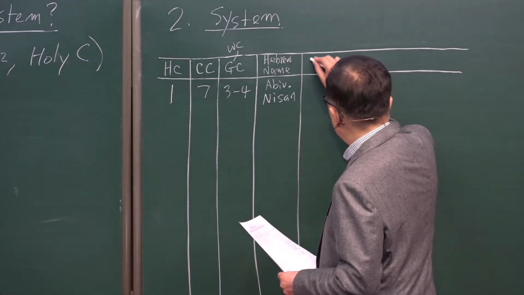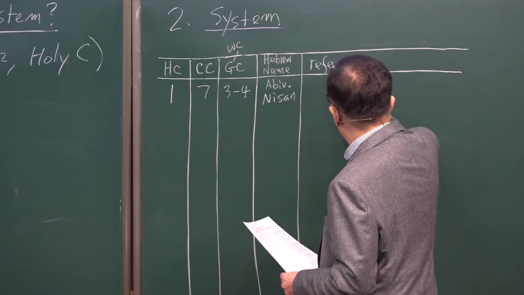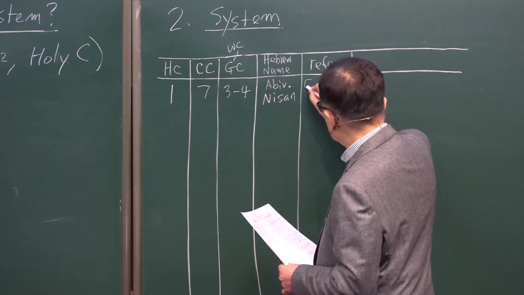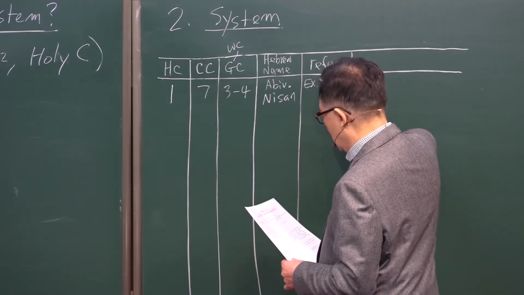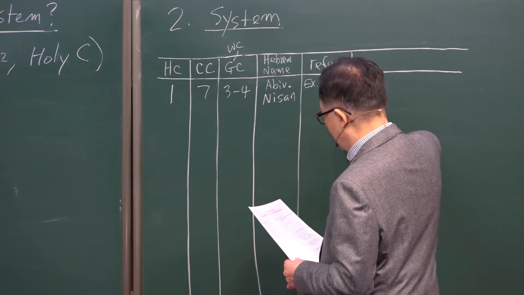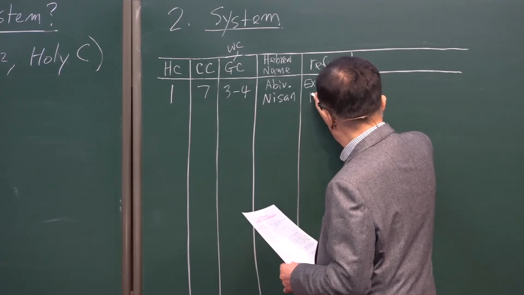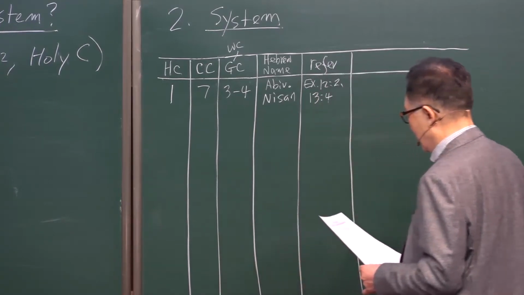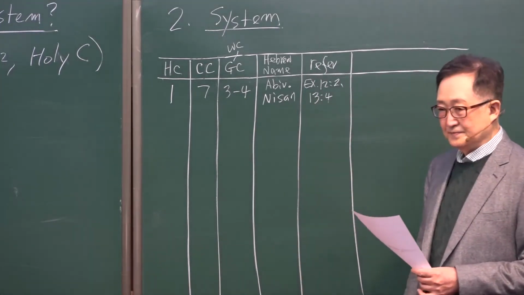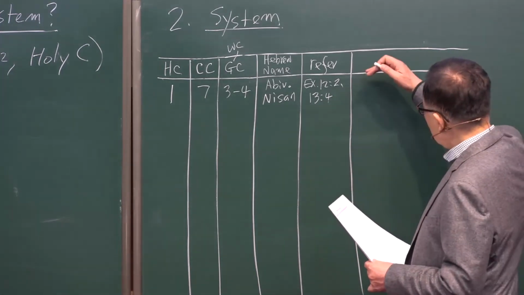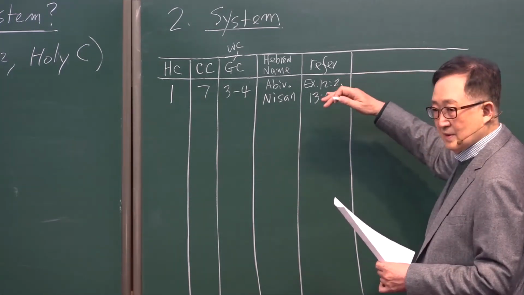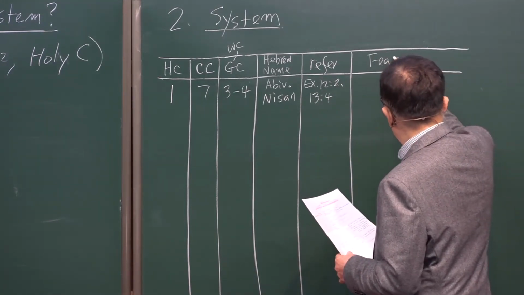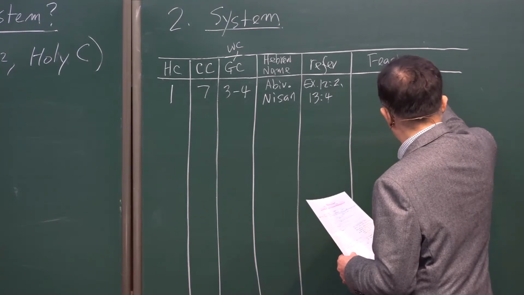And the Bible reference is Exodus 12:2. There are many, but I just want to give you 13, verse 4, as a Bible reference. Now, in this Abib month, there are feasts.